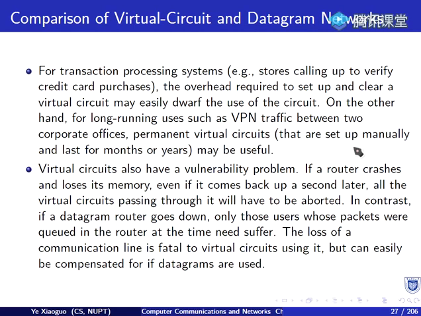In contrast, if a datagram router goes down, only those users whose packets were queued in the router at the time need suffer. The loss of a communication line is fatal to a virtual circuit using it, but can easily be compensated for if datagrams are used. So, which one is better?